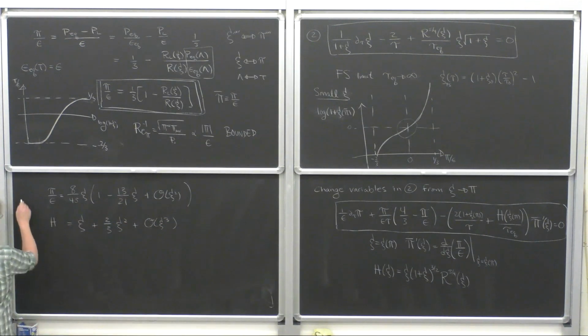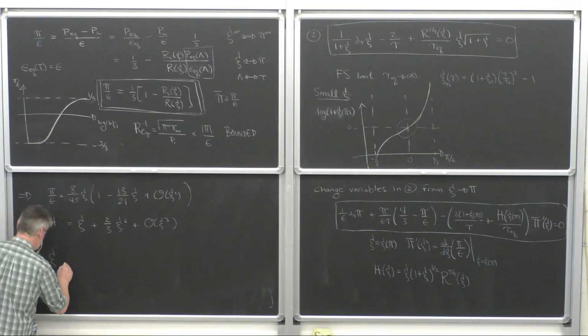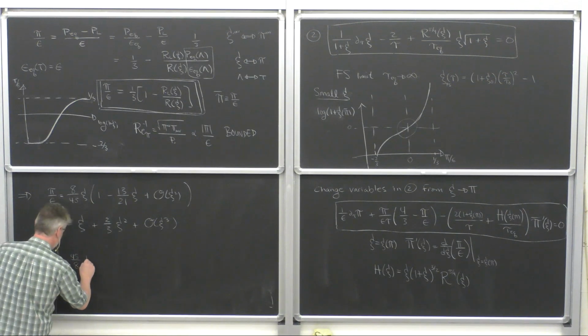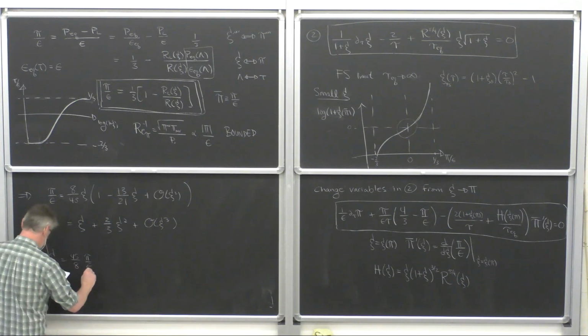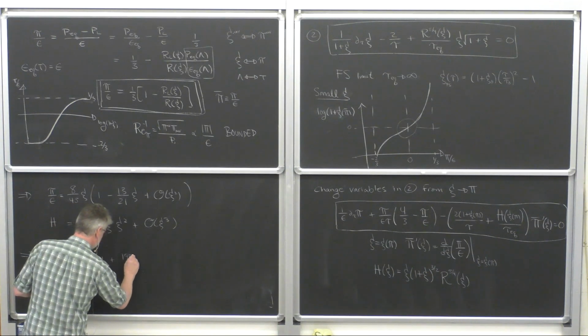And then you can invert these relations if you want, and rewrite c as 45 over 8 times pi over the energy density. Another weird number pops up.